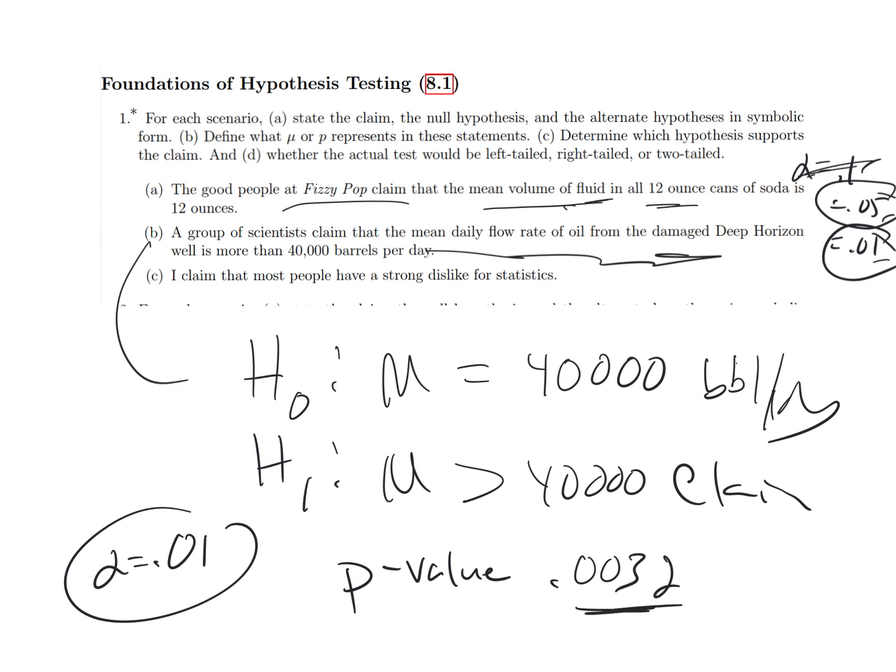So that number is smaller than our level of significance, so we're going to reject H0 and say that the data supports the claim that the mean daily flow rate of oil is greater than 40,000. So whether we reject H0 or not is all based on the level of significance. Whether you're using the z-score or the p-value, you always compare it to the acceptable risk, and you make that decision.